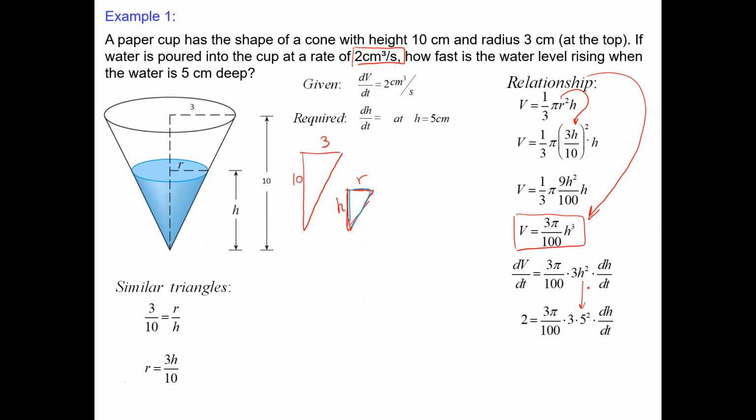This is the moment. 3 times 3 is 9, 9 pi, and 100 divided by 25 is 4. 4 times 2 is 8, so 8 divided by 9 pi centimeters per second. We will just leave this in explicit form. It's definitely less than 1. It's not really fast, but that's the answer.